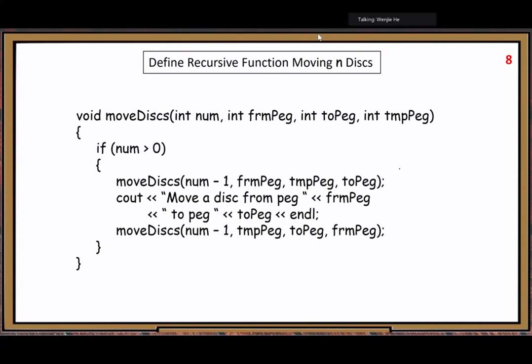So here you can see the main steps, not that hard. The structure is pretty clear, but when you write the code, you need to be very careful to set the 3 numbers for the 3 pegs correctly.